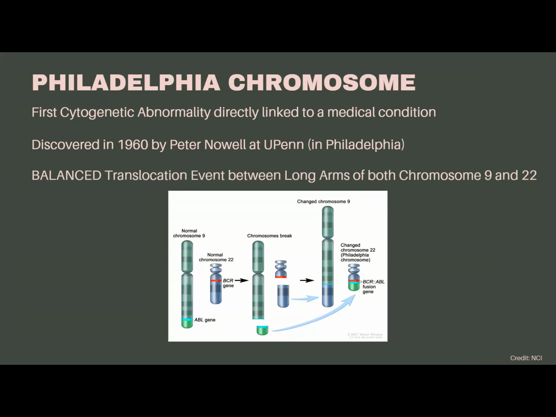So, Philadelphia chromosome. It is a balanced translocation event between ABL and BCR genes. And it forms a shortened chromosome 22 starting with the ABL gene from chromosome 9, and that's where it starts on chromosome 22.